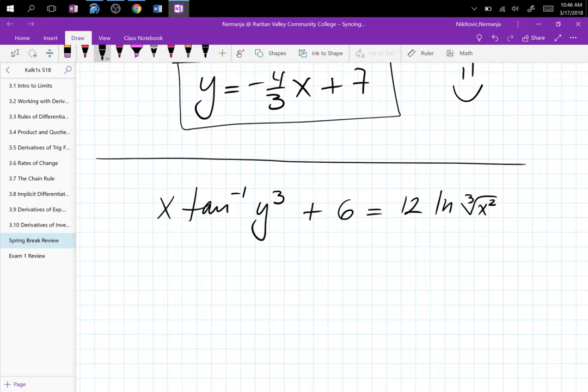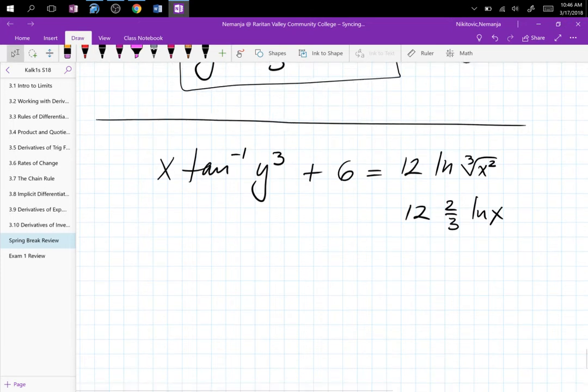So let's start with just rewriting this problem, because we know that for ln's, exponents can jump in front, right? So this term technically becomes 12 times 2/3 ln of x. And that's just 8 ln x. So we see that that side is not a problem at all, right?